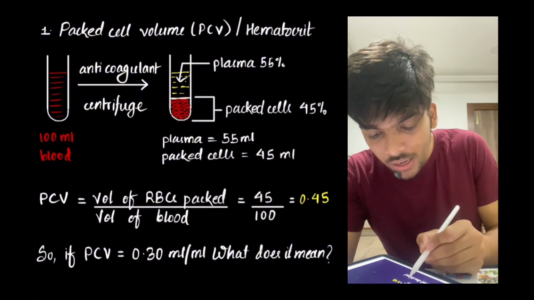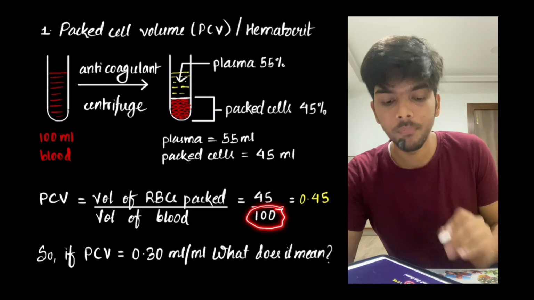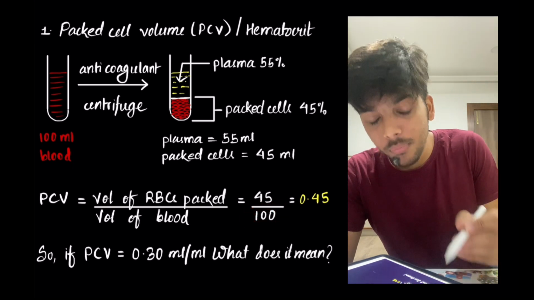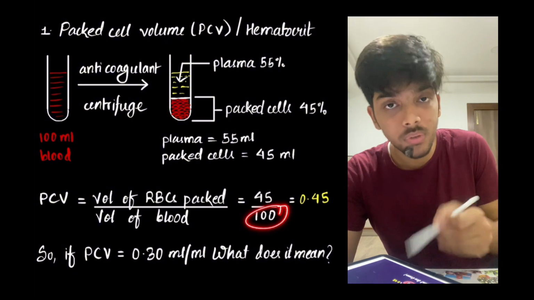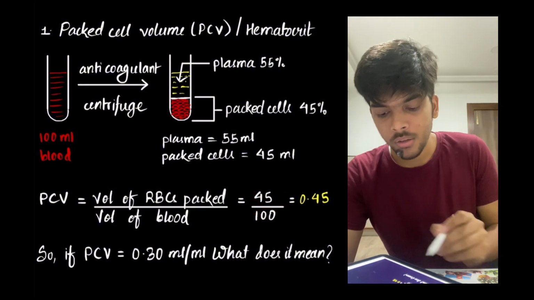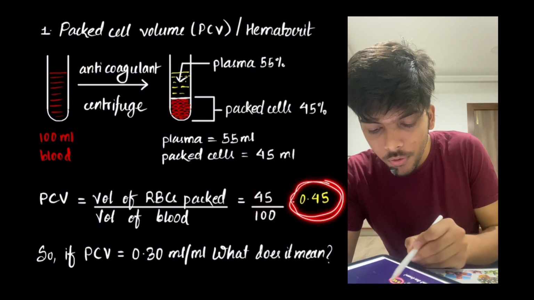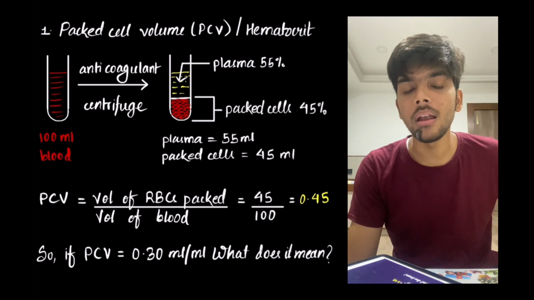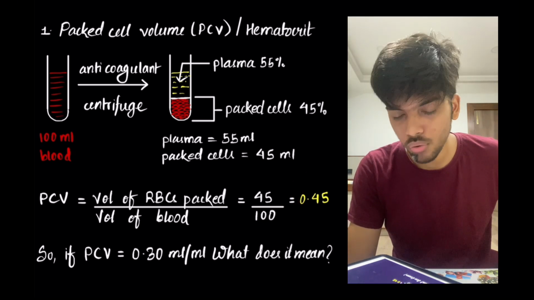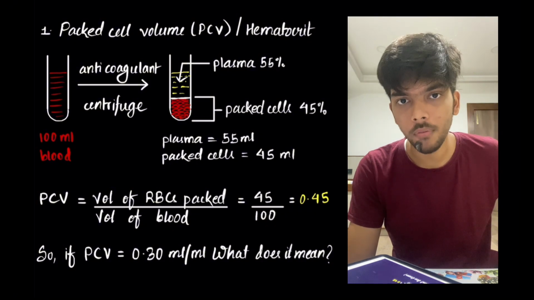In this case, we have taken 100 ml of blood, and the volume of RBCs packed together is 45% of 100 ml, which is 45 ml. So it comes out to be 0.45. So the packed cell volume in a normal individual is 0.45.